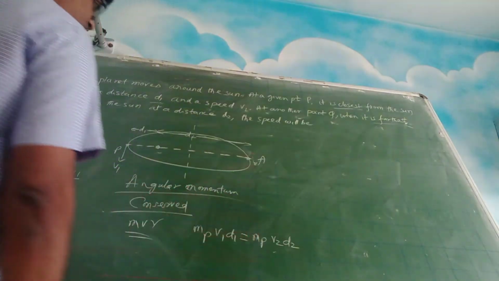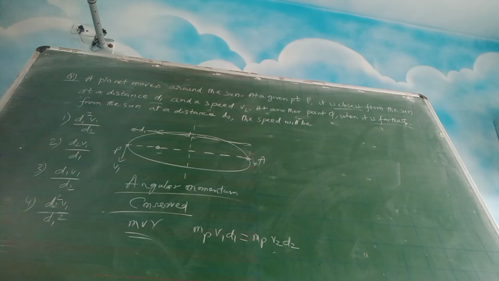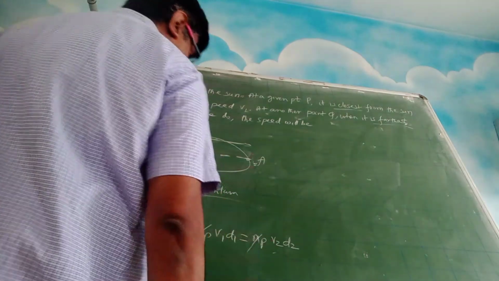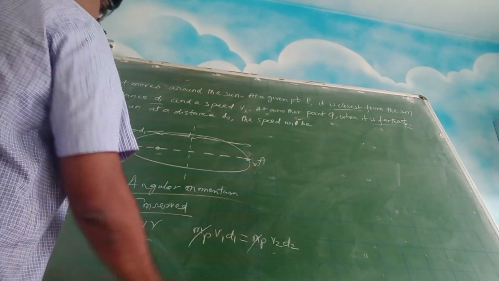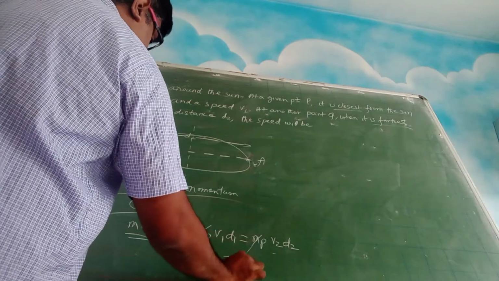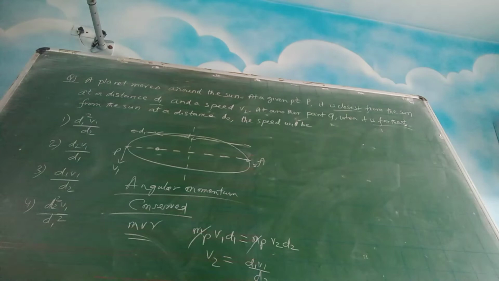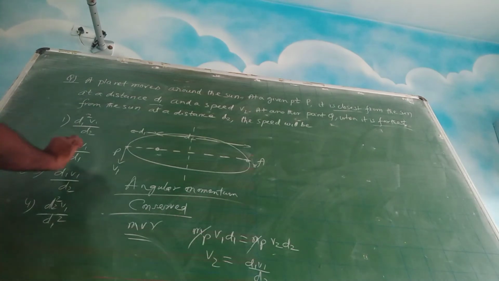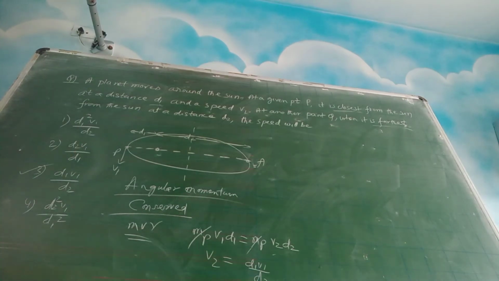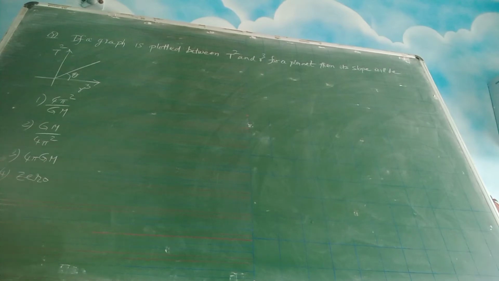Why mp? The mass of the planet is not changing, right? So mp cancels. So we are supposed to find here v2. So v2 will be d1 v1 by d2. So simple question. Option 3. Let us move to the next one.